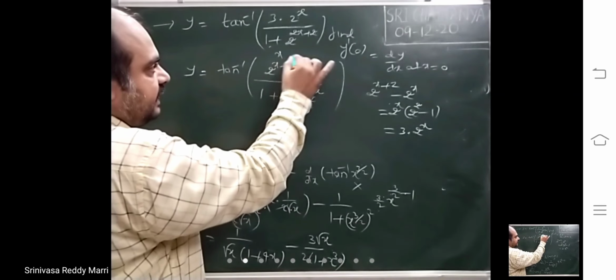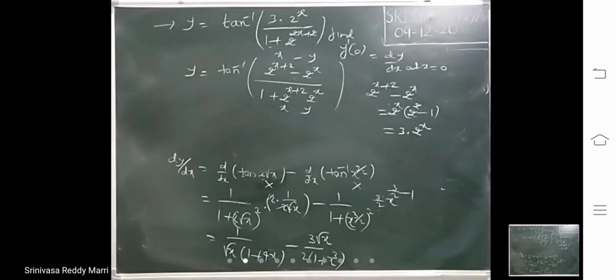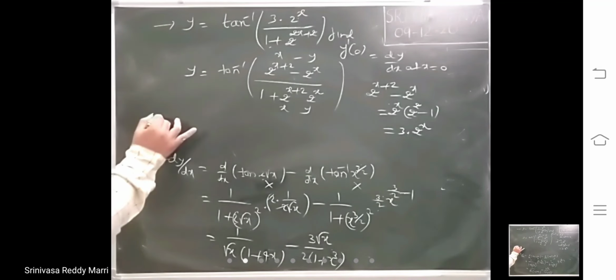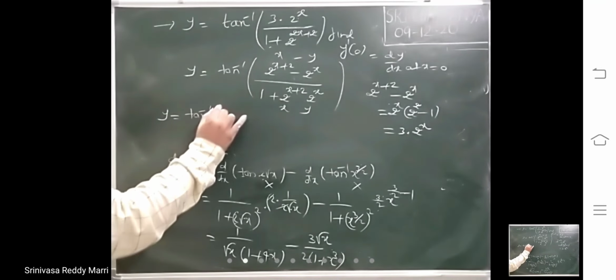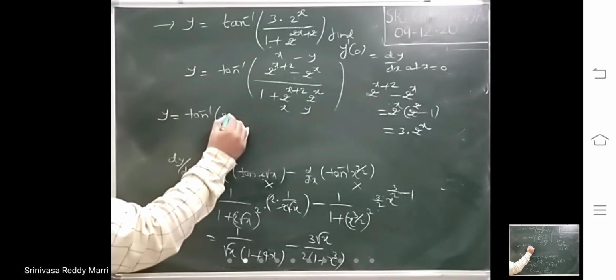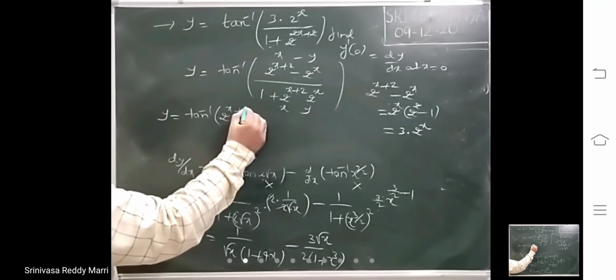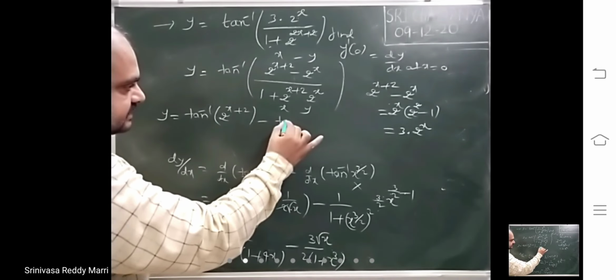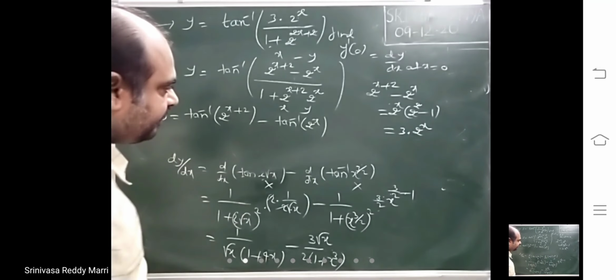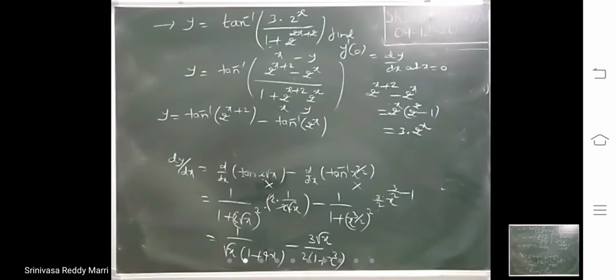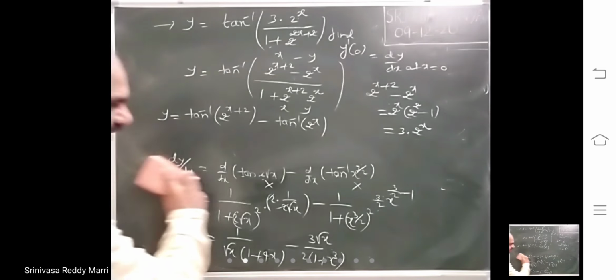So you got x minus y divided by 1 plus xy. That means the expression can be written as tan inverse of 2 power x plus 2 minus tan inverse 2 power x.